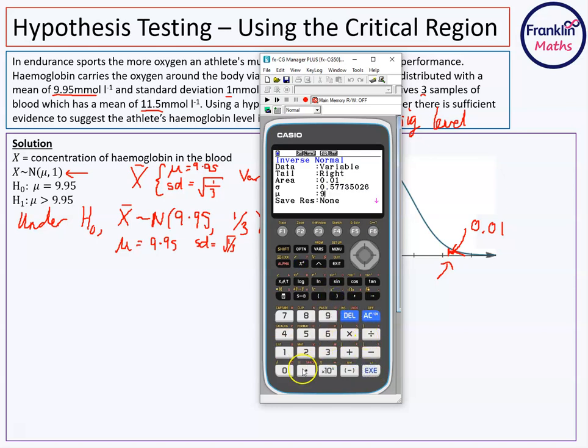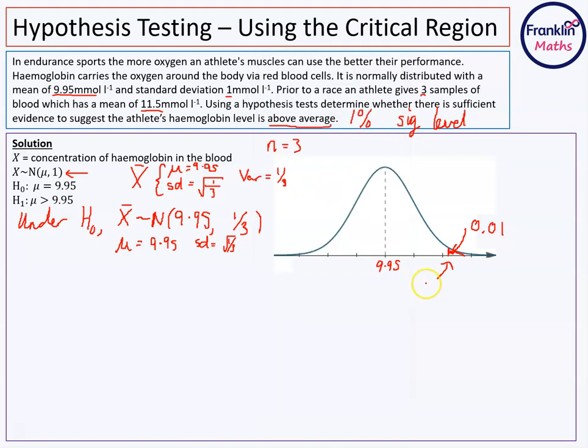And my mean was 9.95. So that comes out as 11.29. So that's going to be 11.29. Just put that in there.